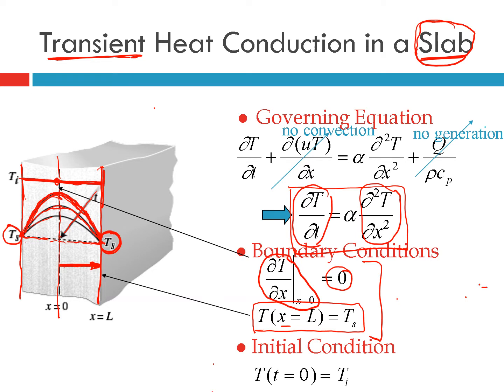The initial condition is temperature at t equal to 0 is Ti. So this is my governing equation, and these are the three conditions that would be used to now solve this governing equation.